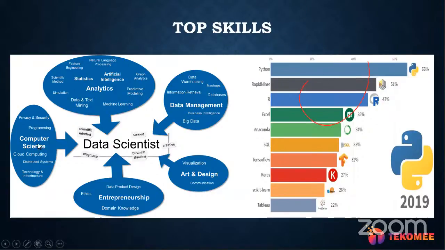Then a little bit of knowledge about CS, computer science, a little bit of knowledge about programming, about the technology and infrastructure. You don't have to go into much detail, but definitely the basics of programming are preferred and encouraged. Data management skills, definitely understanding and visualizing data. What are the types of databases?